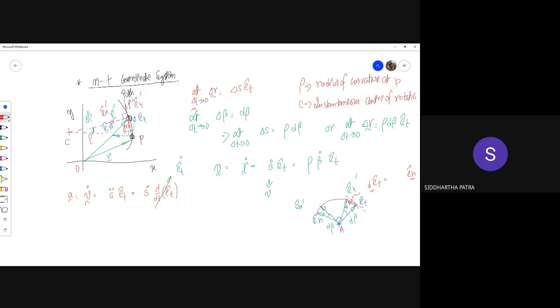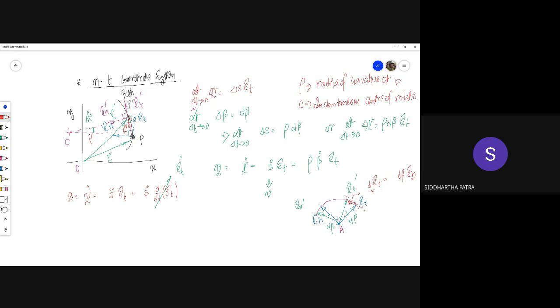So the length of det is nothing but the arc length, the length of the circular arc between et and et prime, and that would be d beta times the radius of this circular arc.